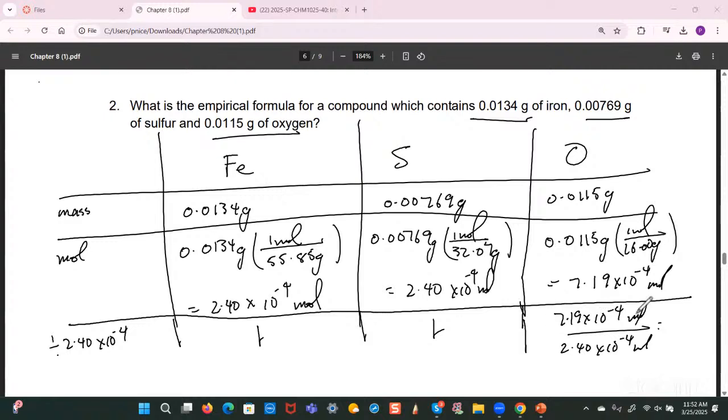According to my calculations, rounded off to 3 sig figs, that's going to be 3.00, which is equal to 3. So therefore, the empirical formula for this compound is SO3. That's how you do that.